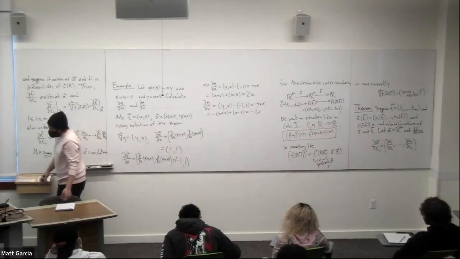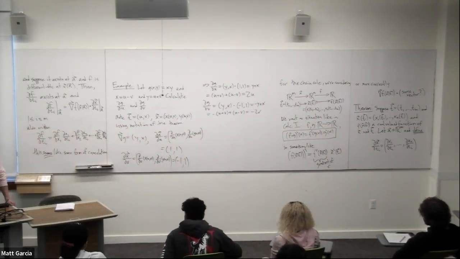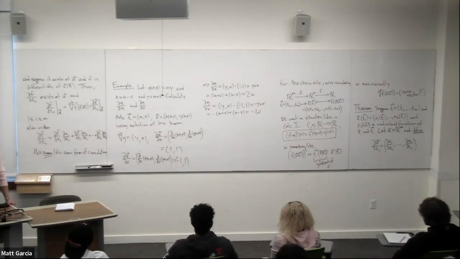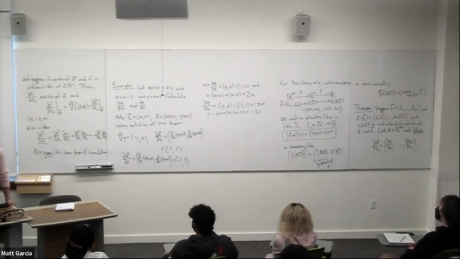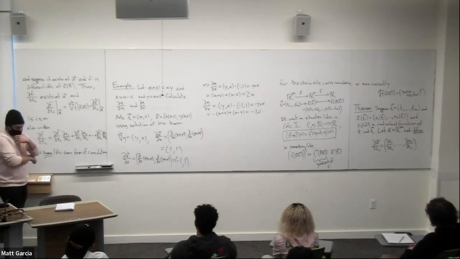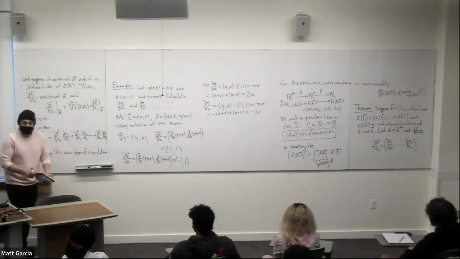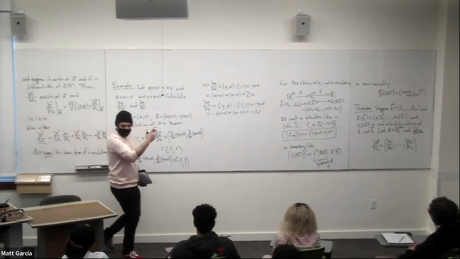We executed the theorem. How do we know we're right? How do we know that this is actually the partial derivative of the composition? You should get the same thing. Let's do that just to be sure we're not crazy.